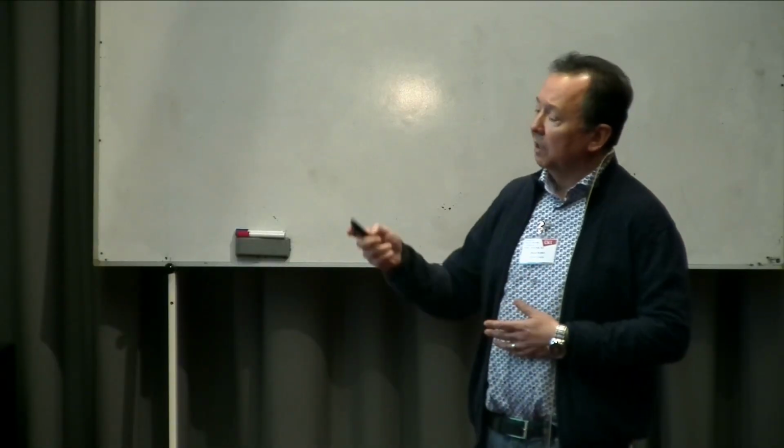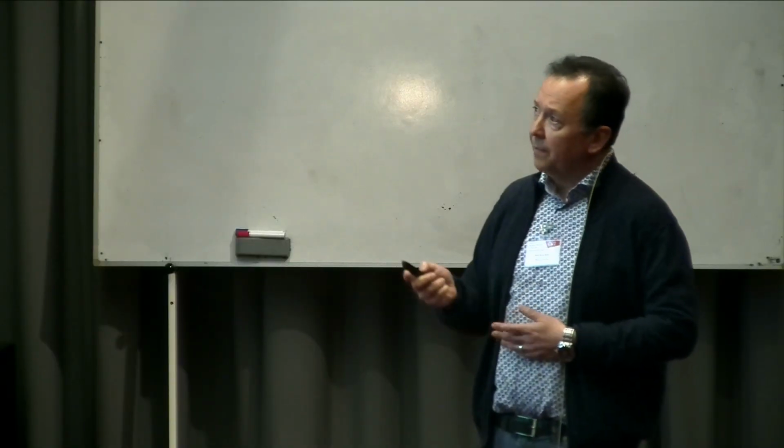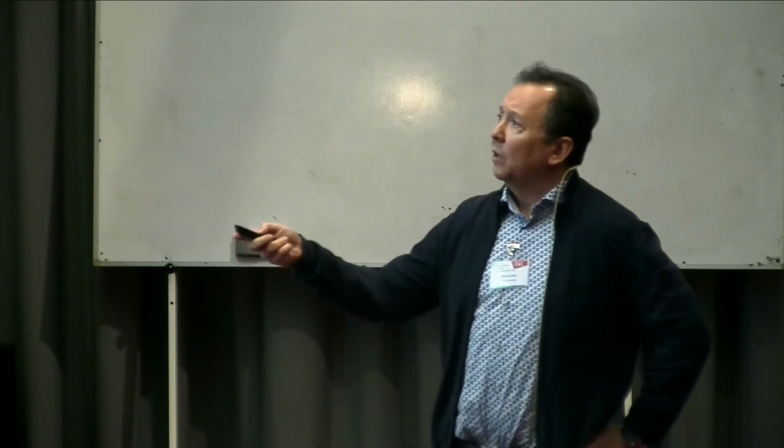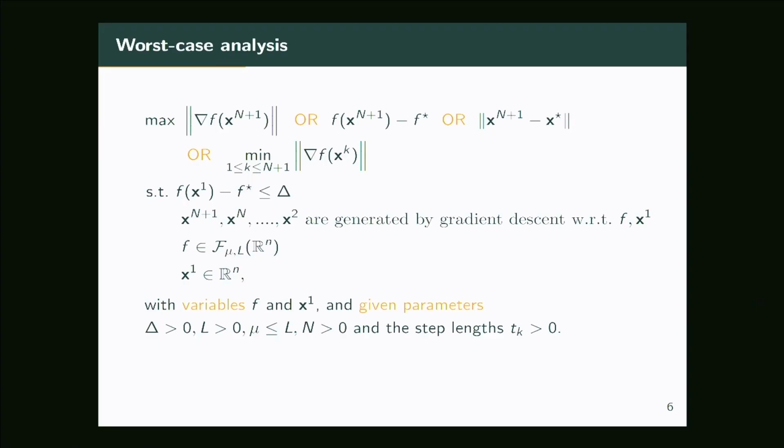So we just consider the class corresponding to a given delta. Then also we say that we're going to generate more points, x2 up to x_{n+1} after n iterations. And these points have to correspond to points generated by the gradient descent algorithm with respect to our function that gives us the worst case performance, and with respect to our chosen starting point.